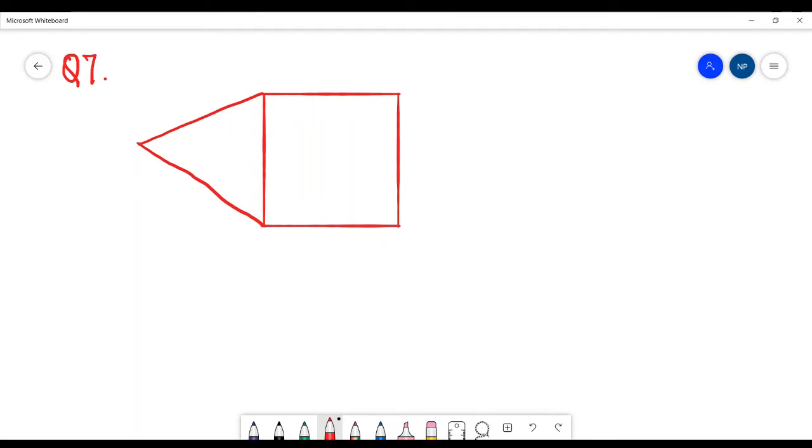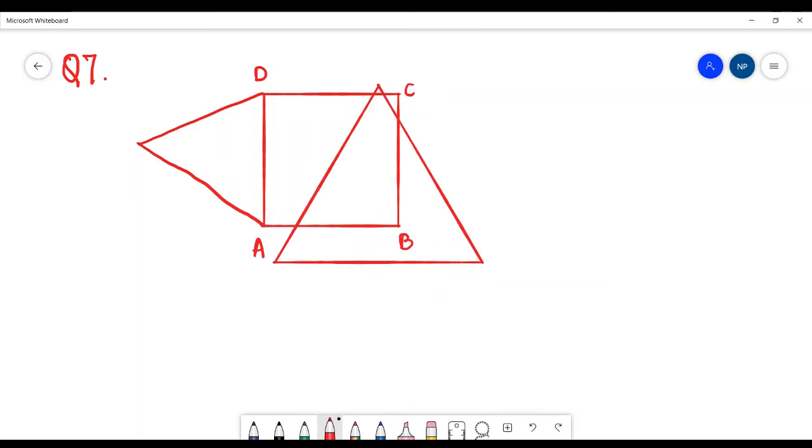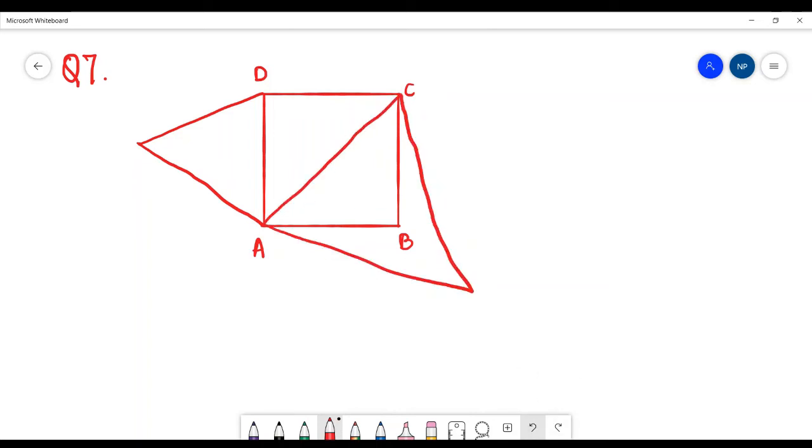First of all, let us name this A, B, C, D. Now, we are going to draw the diagonal AC. From here, we are going to extend another triangle. Let this be Q and let this point be P. Is that clear?